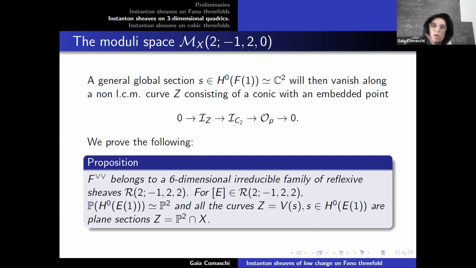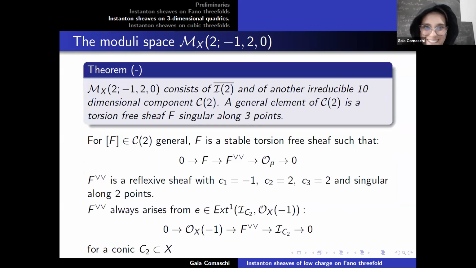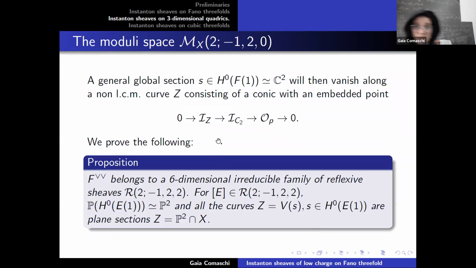And in particular, doing the same trick, obtaining a commutative diagram of this form, we can see that in this way, a global section of a sheaf with a zero-dimensional singularity will vanish along a curve that will be supported on C2 plus a point.